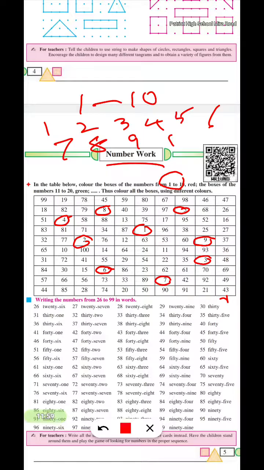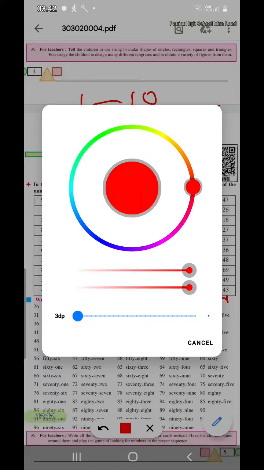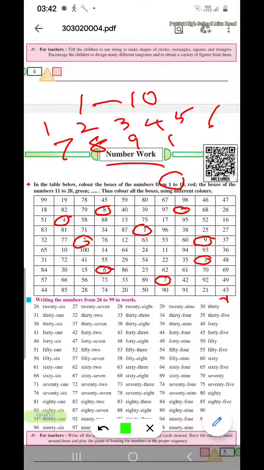Now the boxes of the numbers 11 to 20 should be green. So 11 to 20, we have to find the numbers which are 11 to 20. They should be painted green. 11, first row, it is not there. Second row, not a single number, 11 to 20.